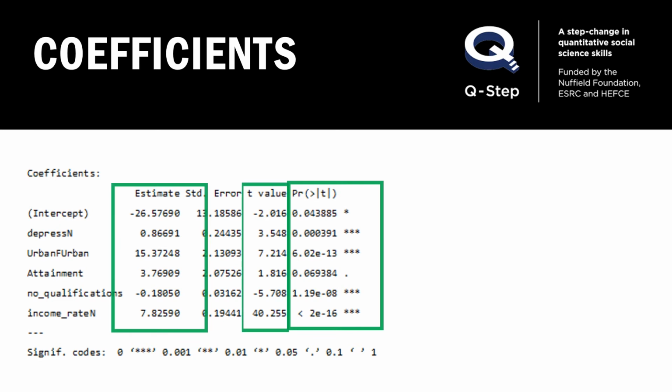So now looking at those coefficient estimates, the intercept provides the value if all our predictor variables were held at 0. So if all the predictors were at 0, we would expect alcohol-related hospital stays to be at -26. However, we never really include this in the interpretation.